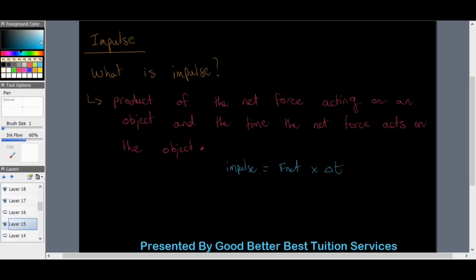But what does this also remind us of? F net times delta t is also equal to the change in momentum. Remember, F net is equal to the change in momentum over the change in time. Therefore, we rearrange this formula and we have our impulse formula, which is F net times delta t, which is also equal to the change in momentum.